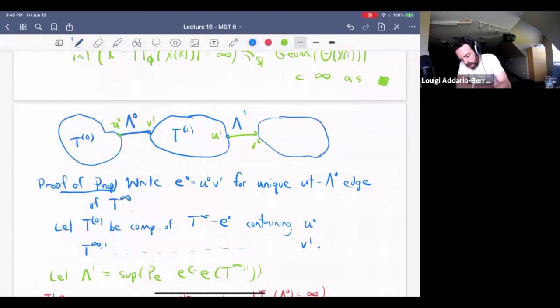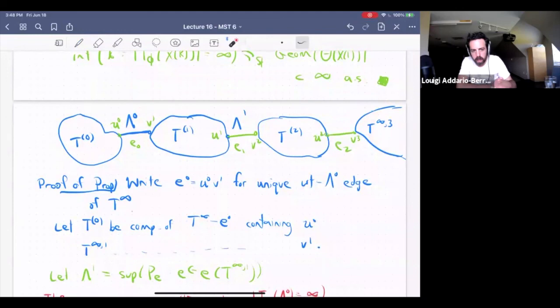So by looking at the next largest weight edge we ever add, which will be connecting U2 with some vertex V3, and then this is T2, and this will be T infinity 3, which we can further collapse into blobs in the same way.